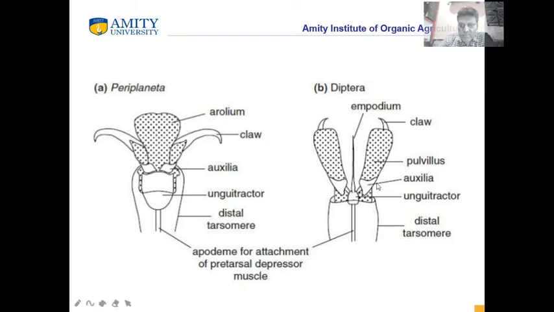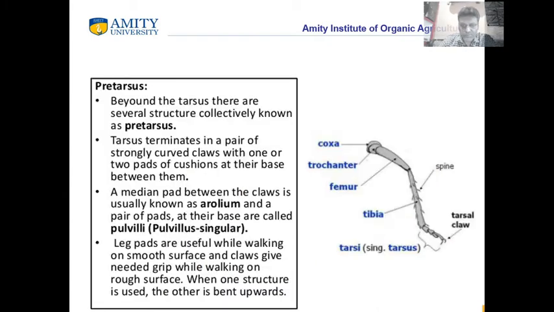And the other joints are called tarsomeres. Different segments are known as tarsomeres. So legs are very useful for walking on a smooth surface.